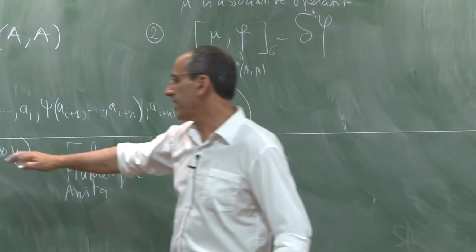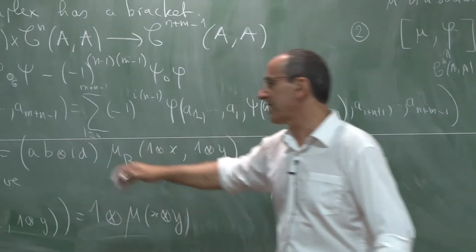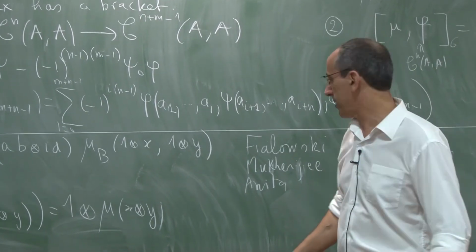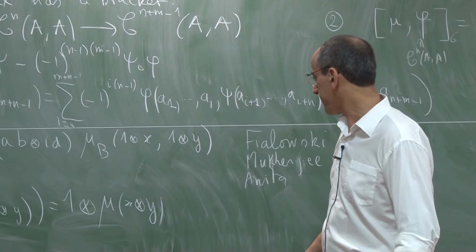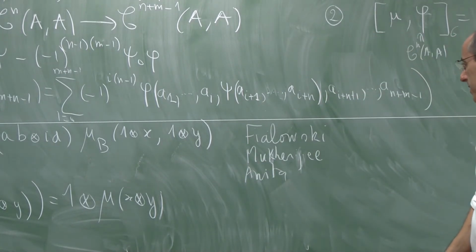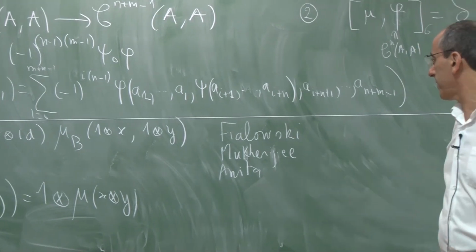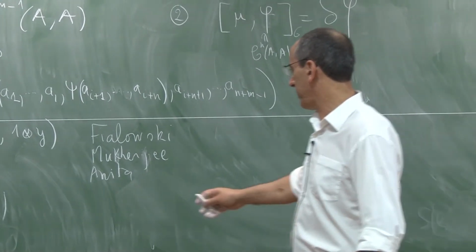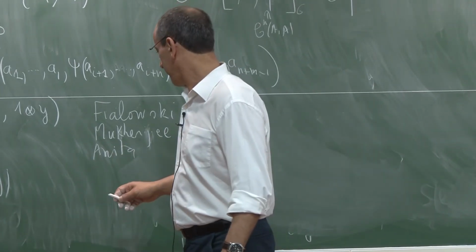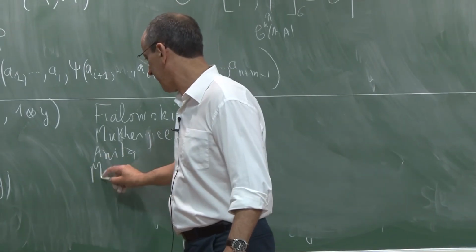Fialowski was first interested in deforming the Witt algebra, which is an infinite-dimensional Lie algebra. Then this approach was extended to other algebraic structures. Maybe I should also give another Indian name: Ashish Mandal, from Kanpur.